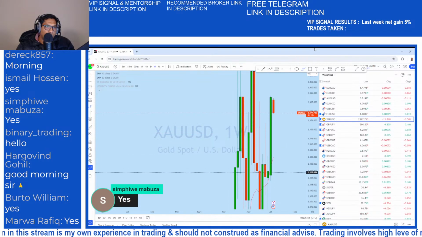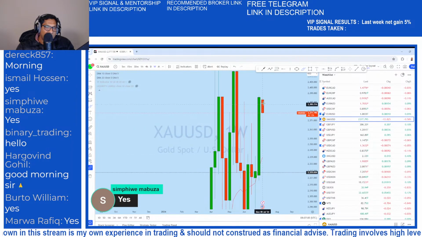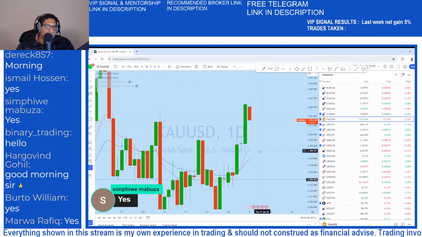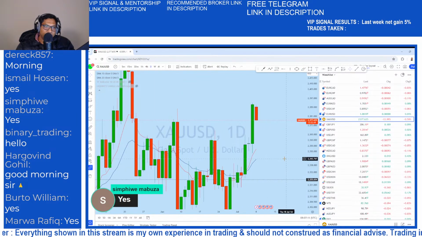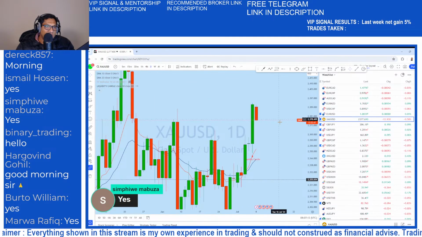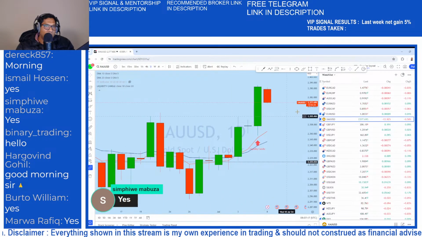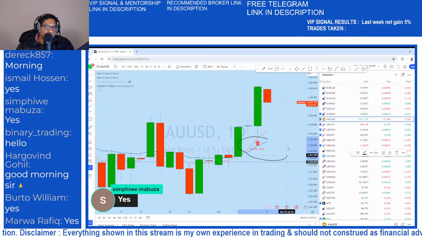So for me, the potential for filling that zone is higher. If we look at gold on the daily chart, you can see this is the daily price action, and from the daily we see that there is a liquidity candle formation on the daily time frame. This is the daily liquidity candle.